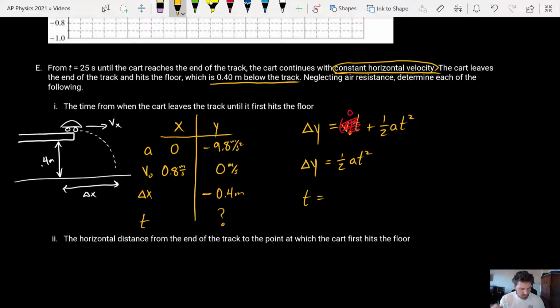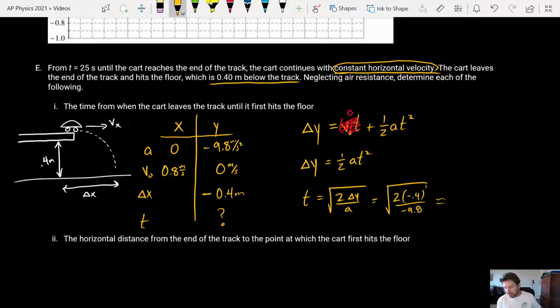Time, we do a little abracadabra. If I want to solve for time, I'm just getting this variable alone, and then it ends up being, boom. And then I plug and chug. Plug in my values: 2 times negative 0.4 all over negative 9.8.